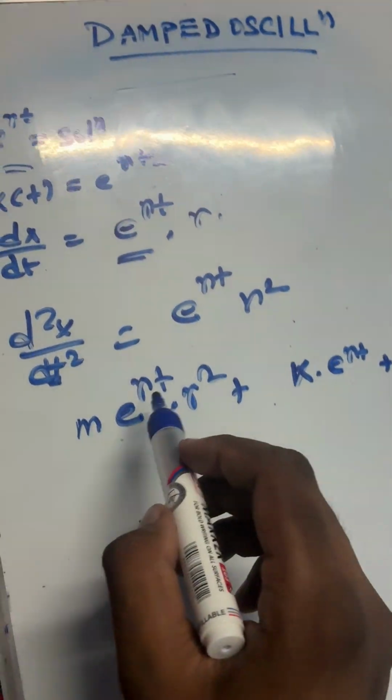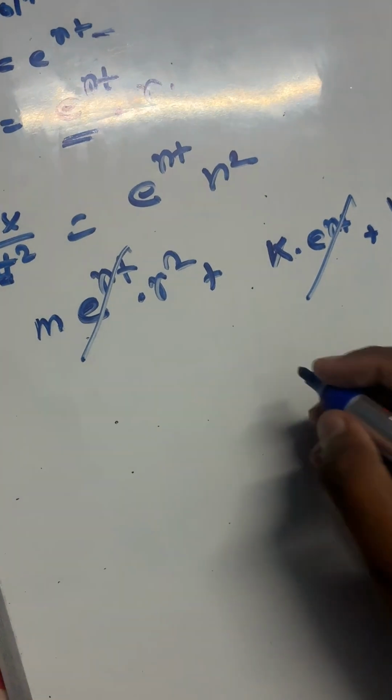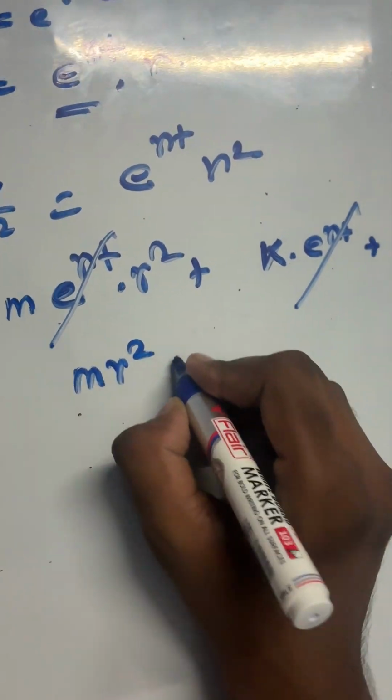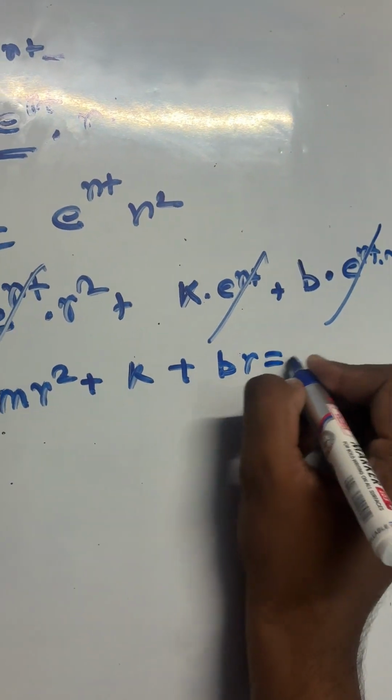We can cancel out e to the power rt: m r square plus b r plus k equals 0.